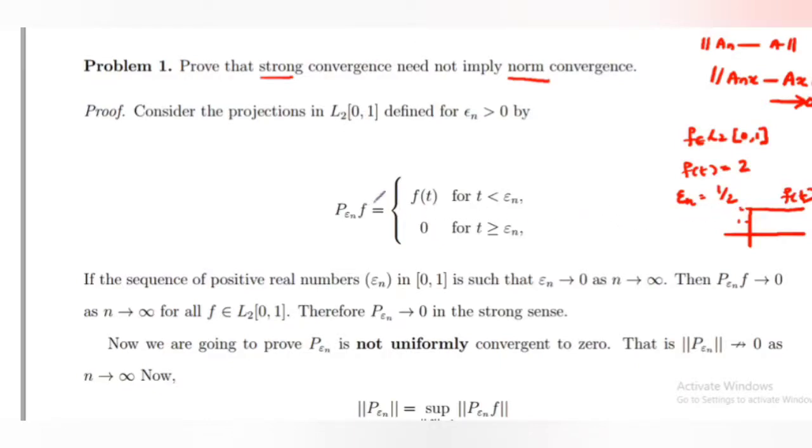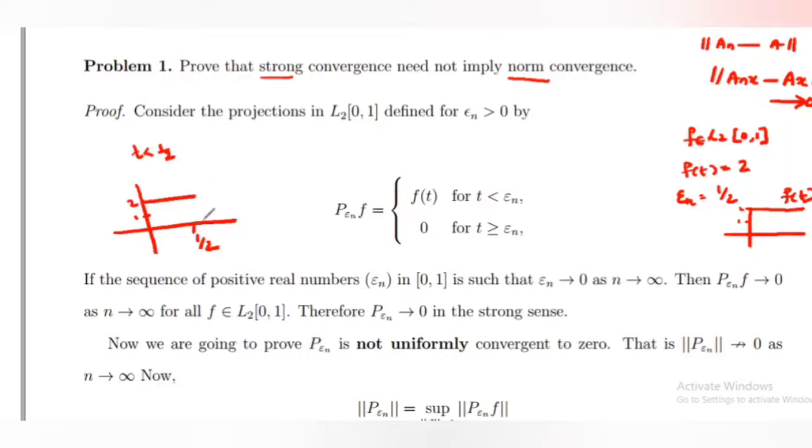And what about P epsilon n f? P epsilon n f equals f of t for t less than epsilon. So for t less than 1 by 2, it is f of t. Therefore, the graph will be like this: suppose this is 1 by 2, and for t less than 1 by 2 this is 2, and this is 1 and this is 2, f of t.